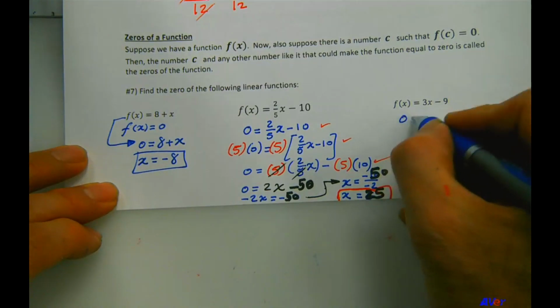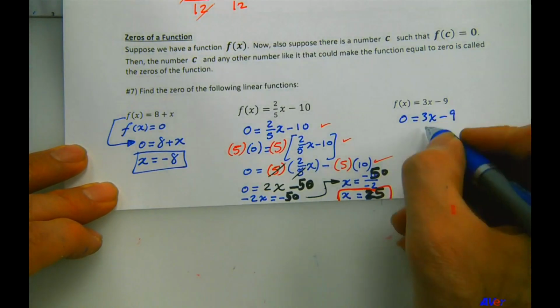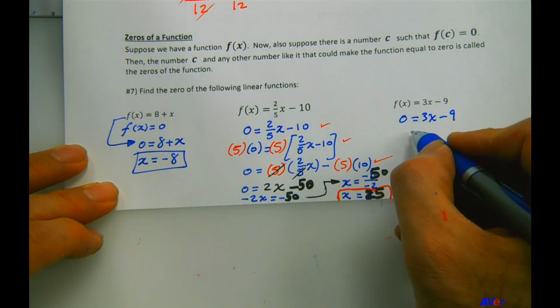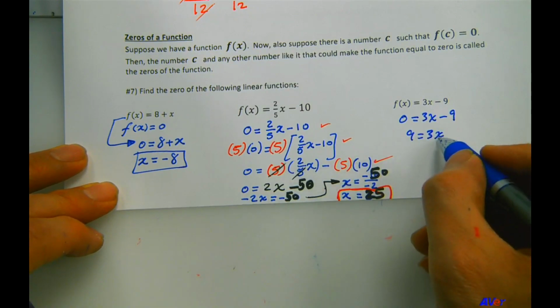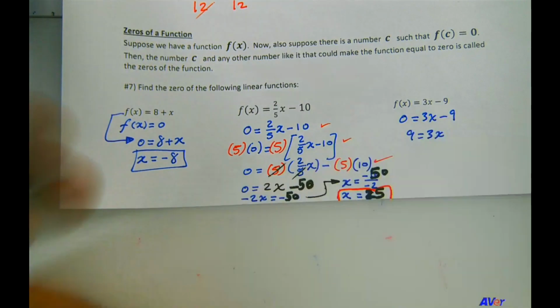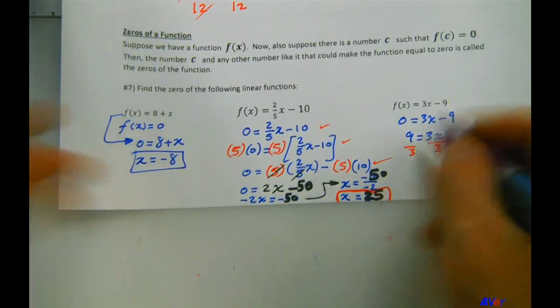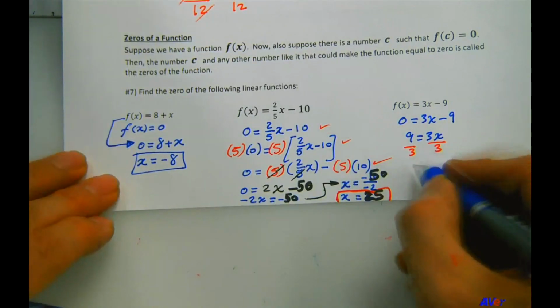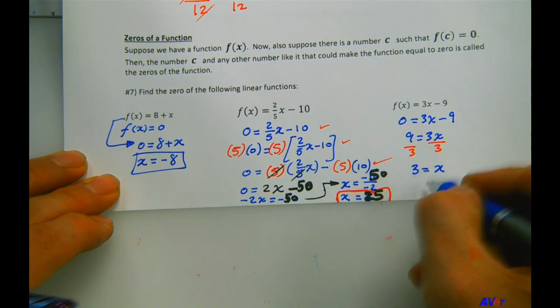Here, we have 0 equals 3x minus 9. Let's solve for x. So we have 9 equals 3x, right? We're solving for x, so we need to get rid of this 3. How do we do that? We divide both sides by 3. Equals x.